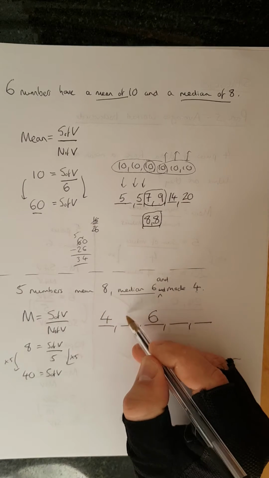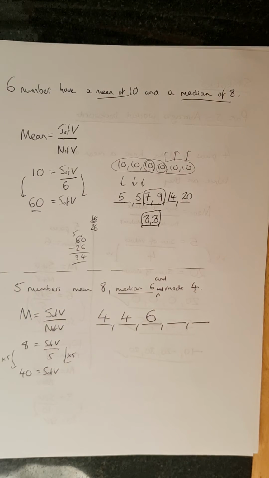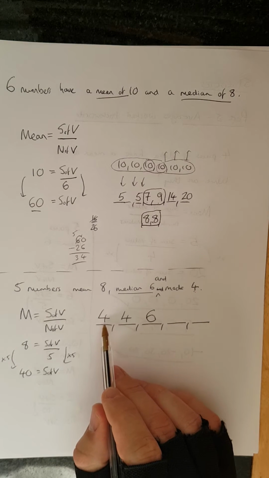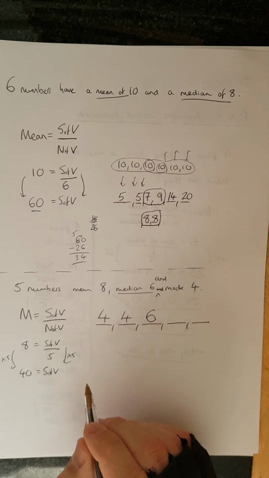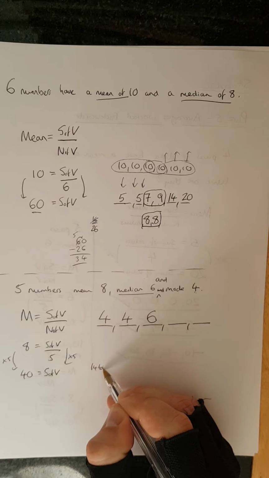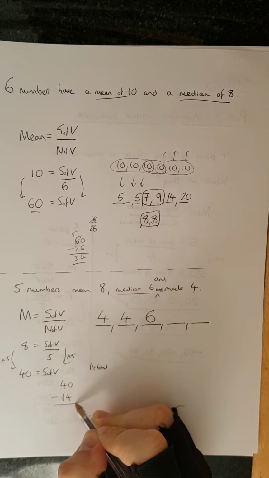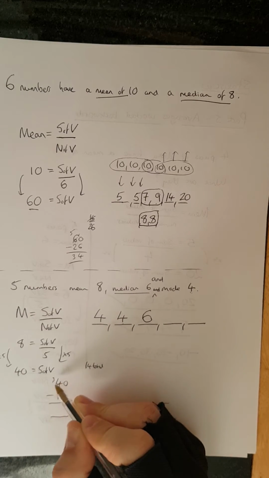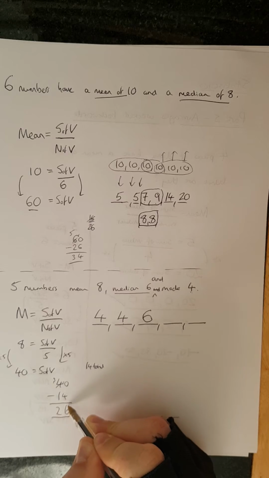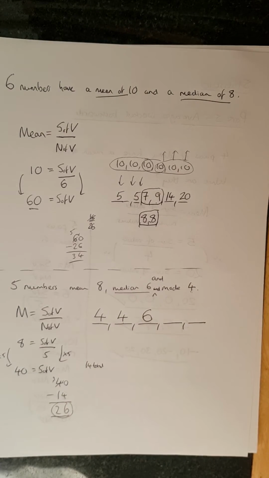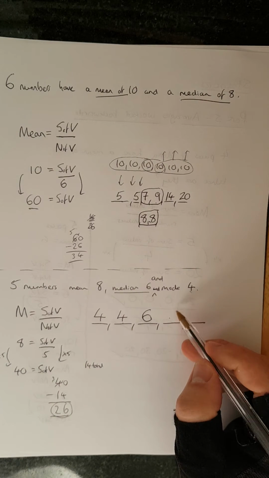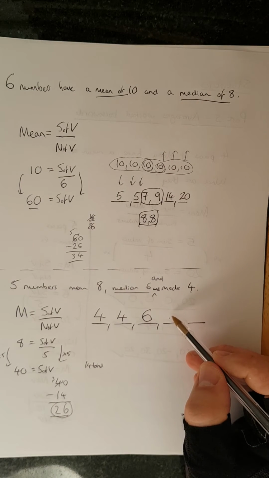Well, let's stick a pair of them on the end there. Eight, 14 is my total so far, out of 40. So let's find out what's left. 26. So as long as I can put two numbers here that total 26, I'm away.